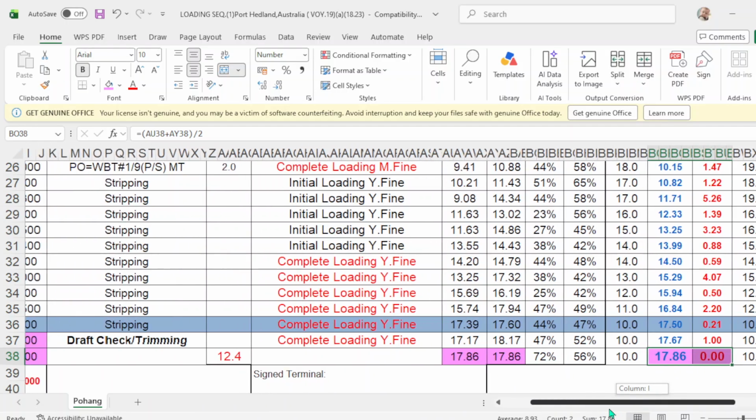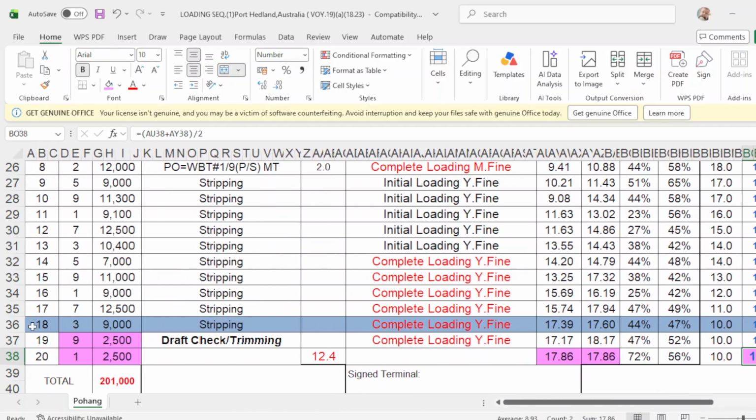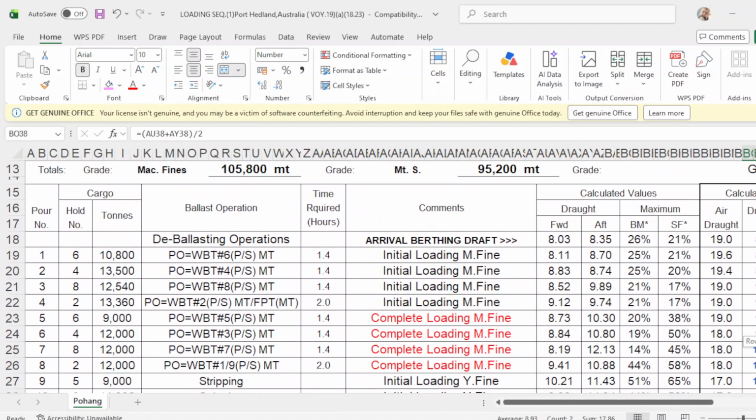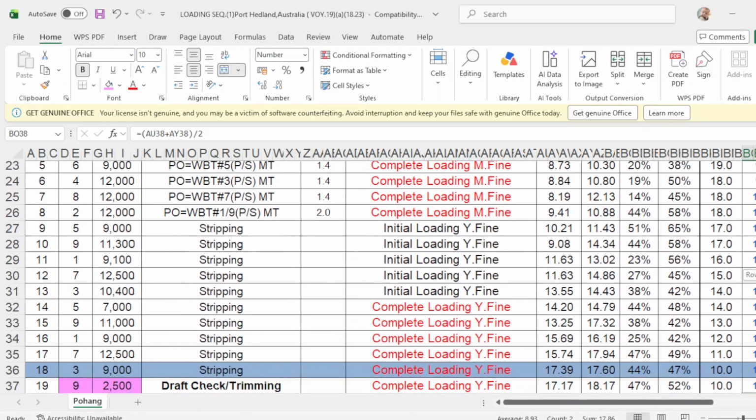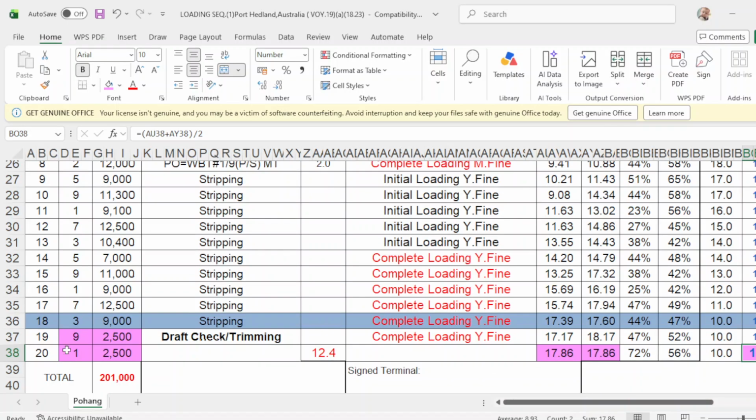We will concentrate on pour number 18. Okay, this is pour number 18. This is the cargo hold. Okay, this is the cargo to be loaded. So we go to number 18.